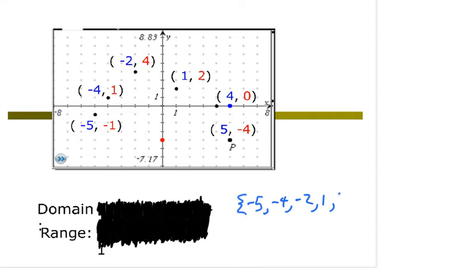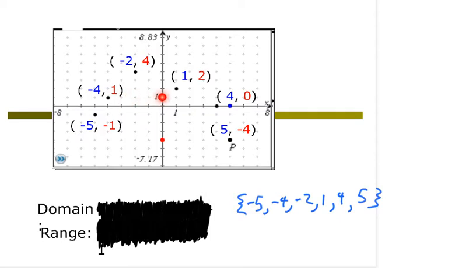The range, similarly, would be the y values that correspond. So this point has a -1 for its y value. This point has a +1 for its y value. This point has 0 for its y value, and we can keep going.